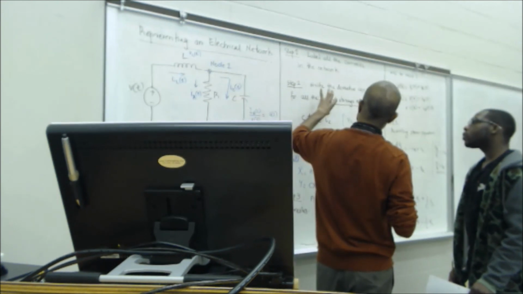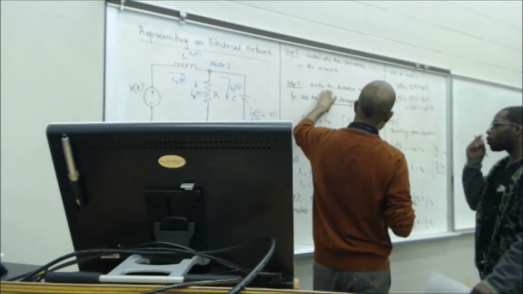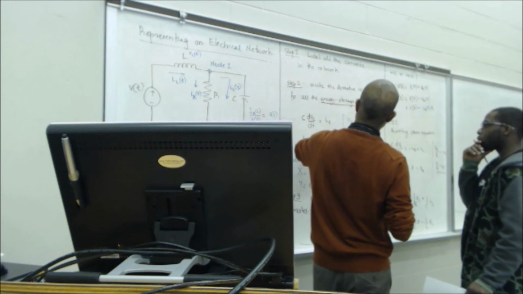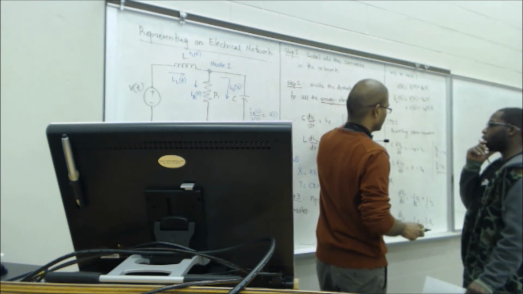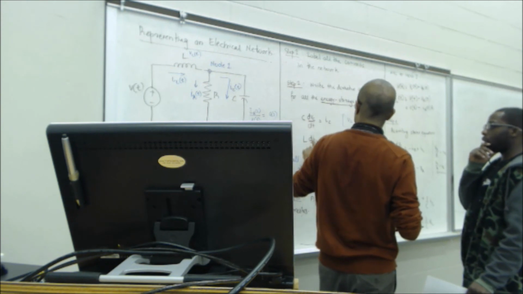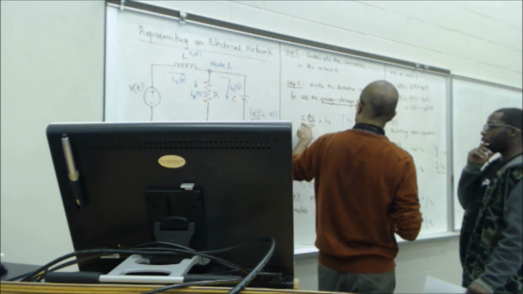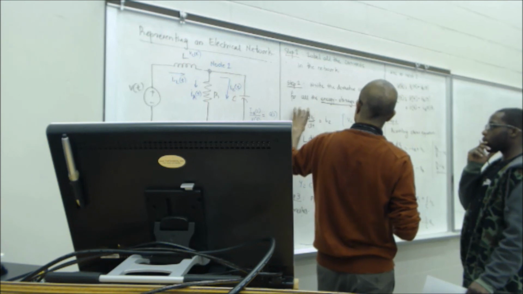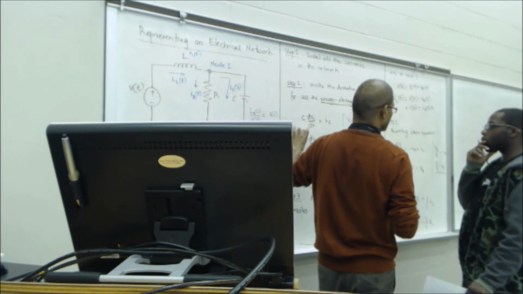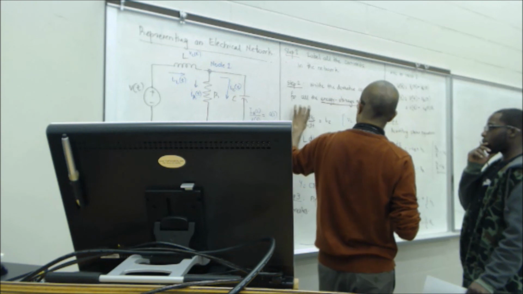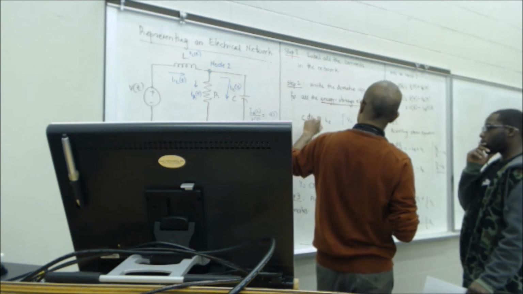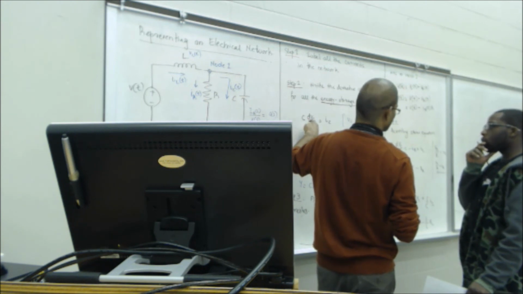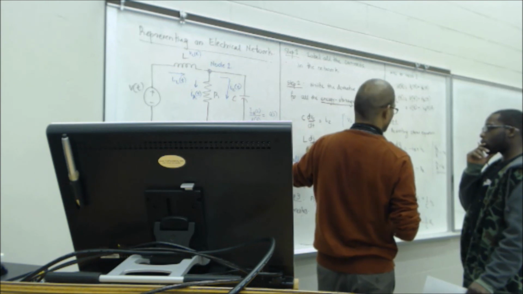For an electrical network, the way you identify state variables is by identifying the energy storage elements, the capacitor and the inductor. For the capacitor, you write the differential, and for the inductor, you write the differential. Ohm's law translates to this. This will help you identify the state variable. So this is the state variable here, and this is the state variable here.